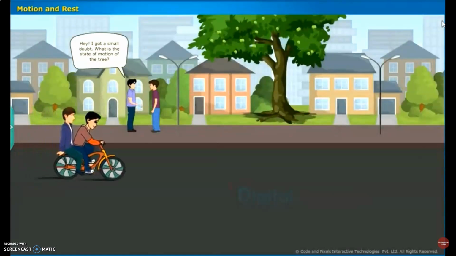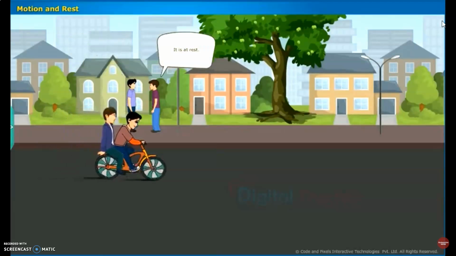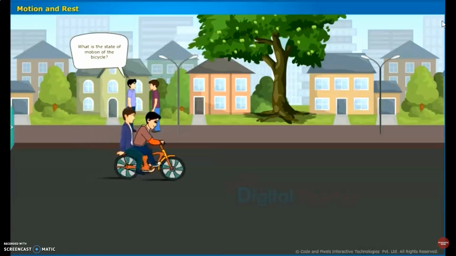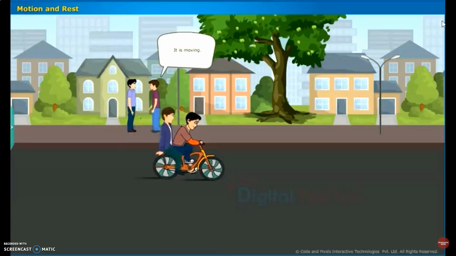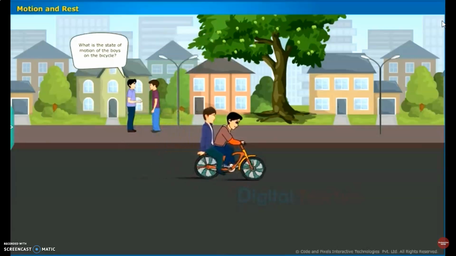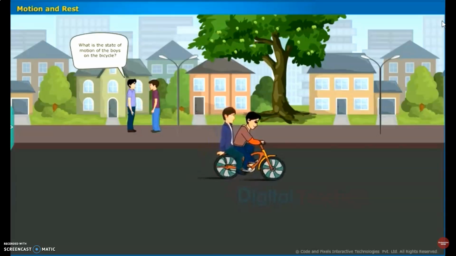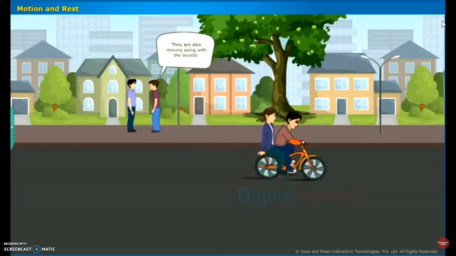What is the state of motion of the tree? It is at rest. What is the state of motion of the bicycle? It is moving. What is the state of motion of the boys on the bicycle? They are also moving along with the bicycle.